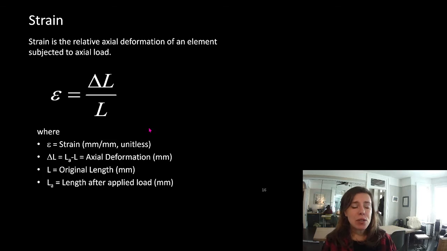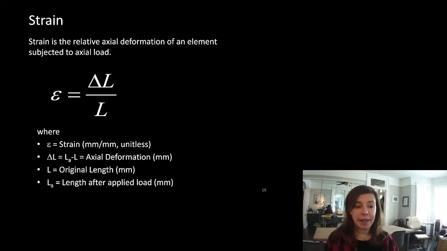What strain is, is the relationship between how much it deformed and what its original size or original shape was. So strain is actually millimeters divided by millimeters. So technically it's unitless.